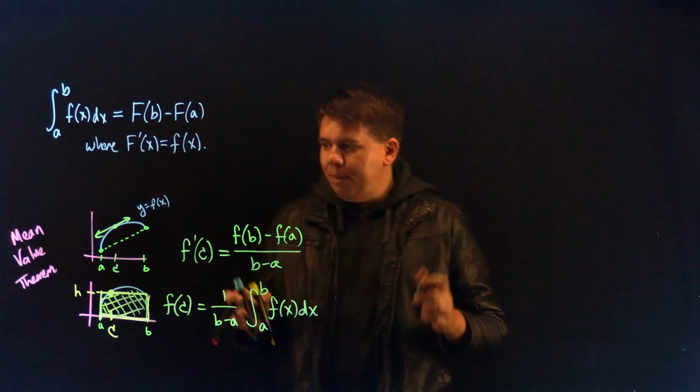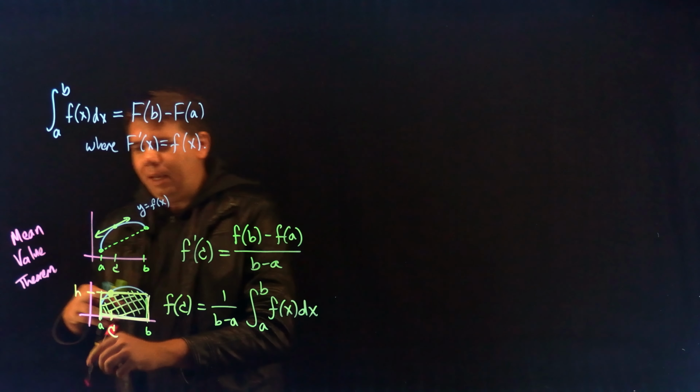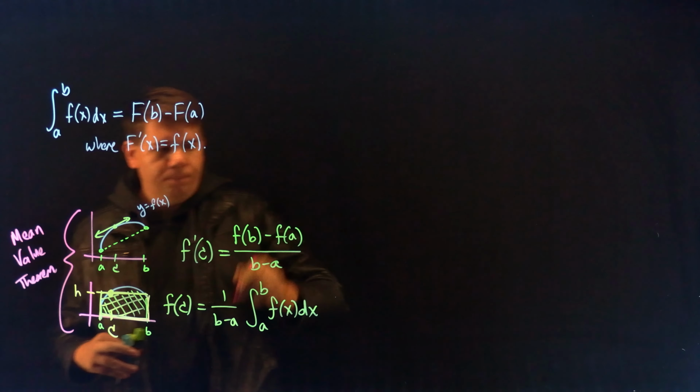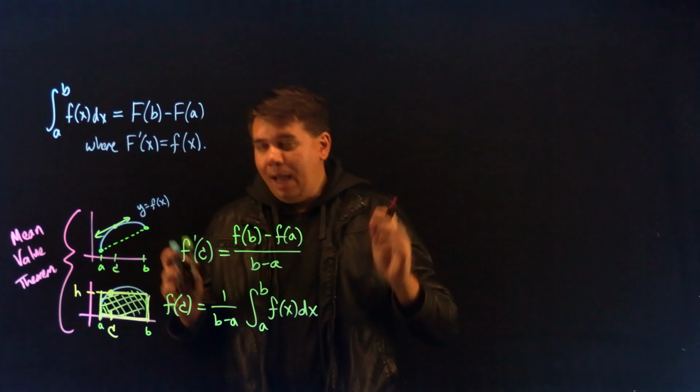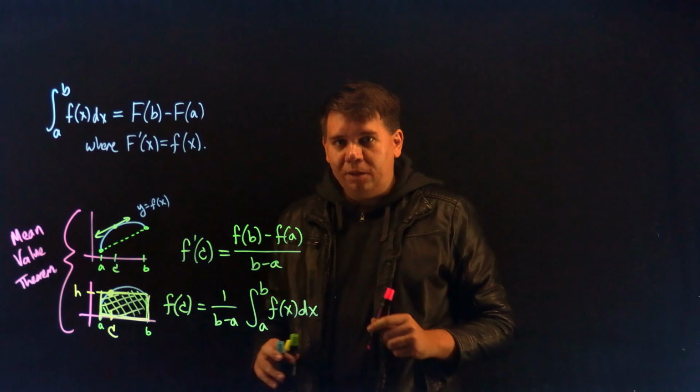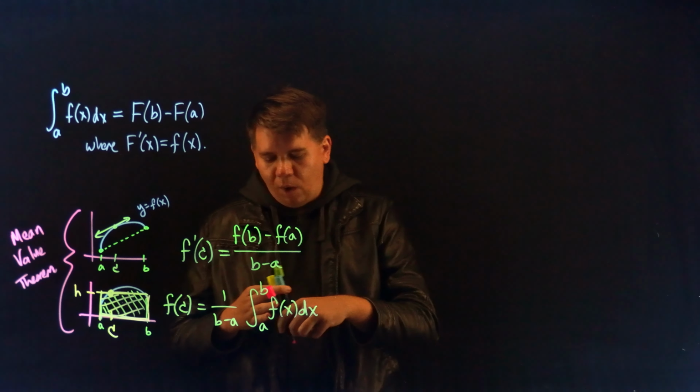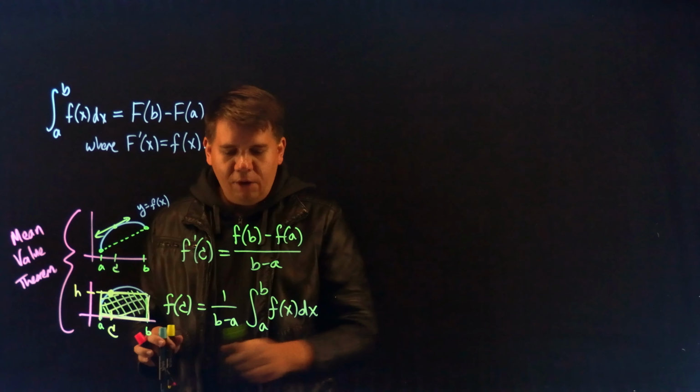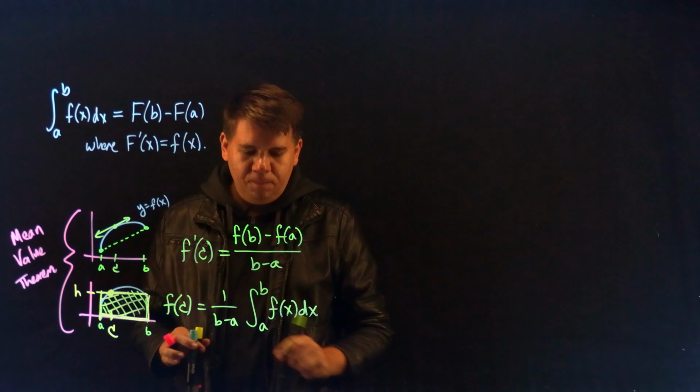And at the time, maybe it didn't make sense why we're using the same name, mean value theorem, for both statements. But now, in light of the fundamental theorem of calculus, I claim it should make sense. Why? Because we can now rewrite the statement.